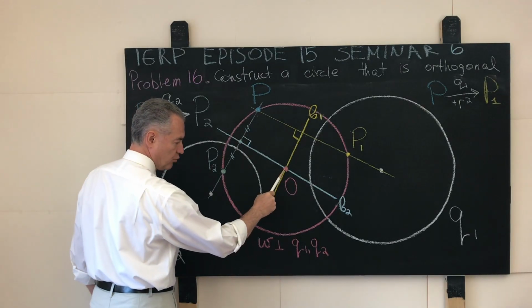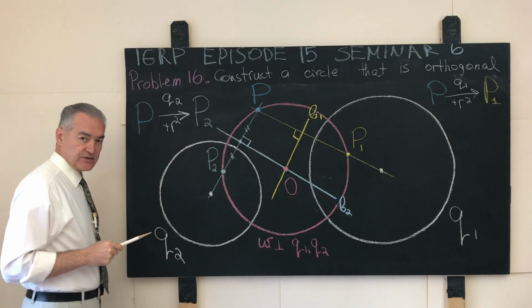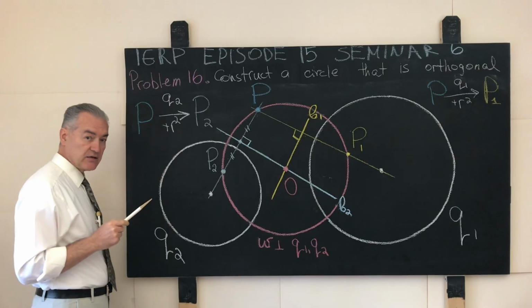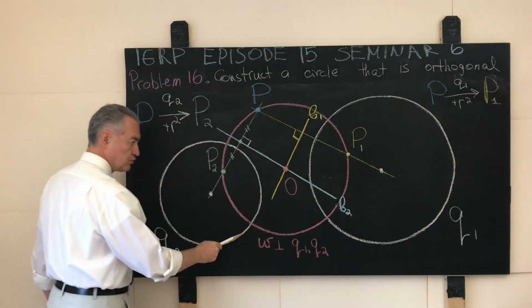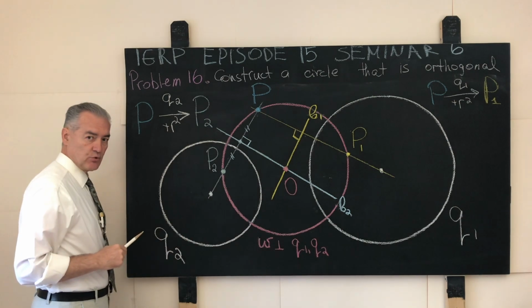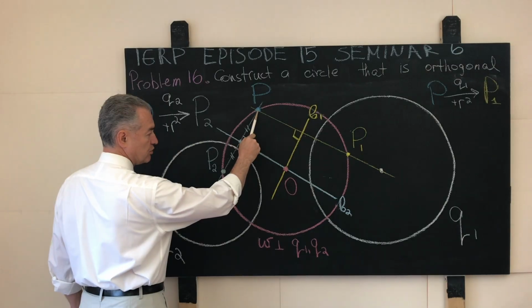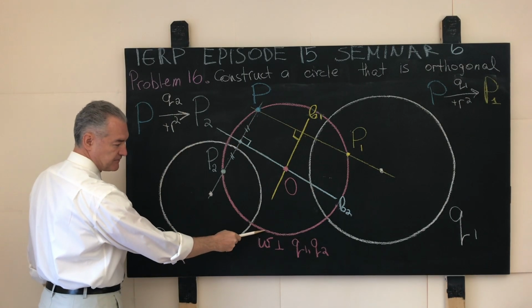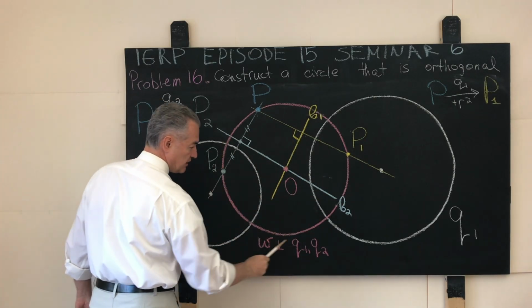We will name that point O, and that point O will be the center of the sought after circle that is orthogonal to two given input circles Q1 and Q2, which in this case have precisely 0 points in common, and the circle that passes precisely through the point P. Here the circle W, we name that red circle shown in the middle of your screen right here.